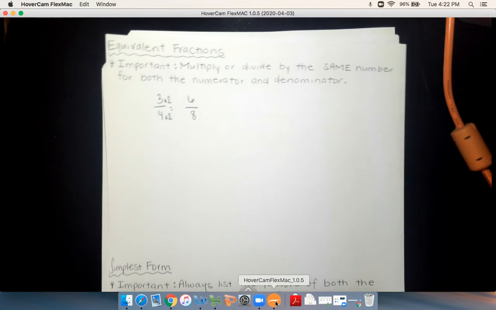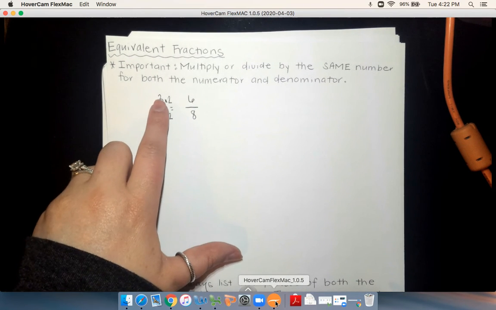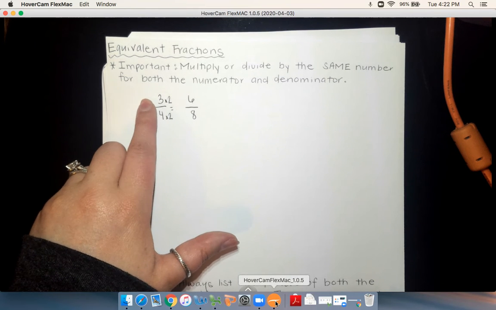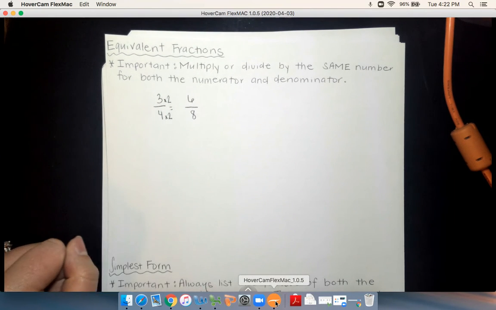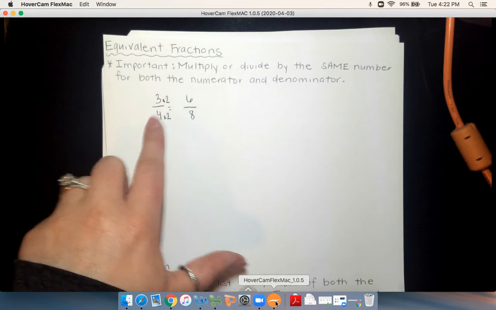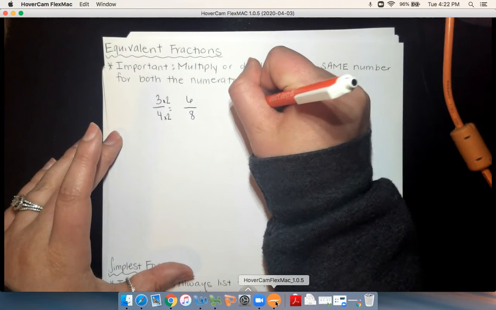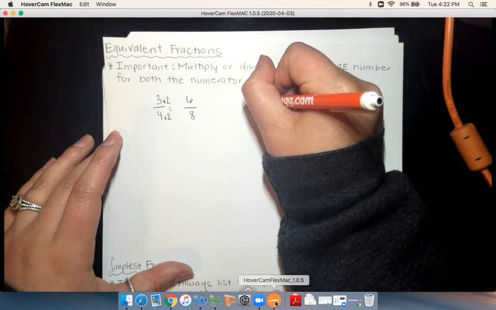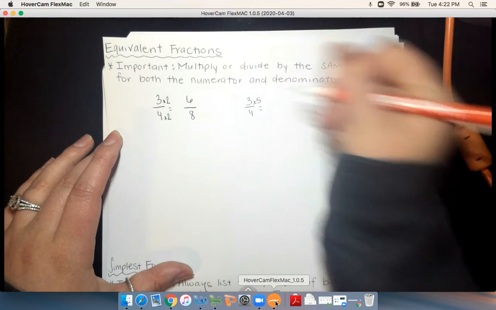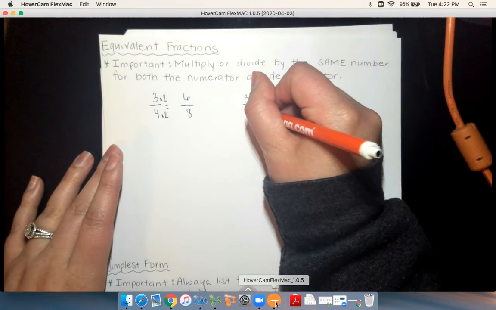Sorry, guys, I don't know why it keeps blurring out like that. So you pick any number and multiply both the numerator and the denominator by the same number, and you get an equivalent fraction. I could say here 3/4 is equivalent to 6/8. But 3/4 is also equivalent to what if I wanted to multiply by 5? I can do that so long as I multiply the numerator and the denominator by the same number.